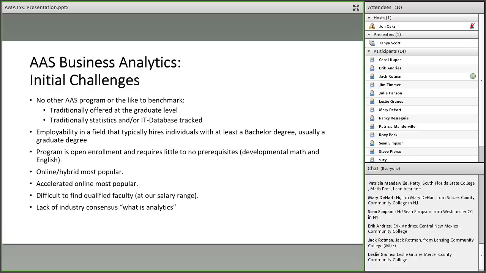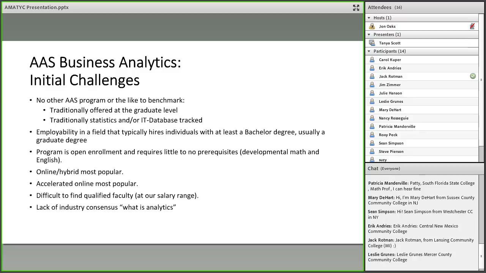And so I think that what's happening is, because we're offering this now at the undergraduate level, at the 2-year degree level, we're actually raising the bar a little bit, and the talent pool that's going to be put out into the analytics community will actually benefit, because graduate or even 4-year undergraduate programs are going to be able to grab from this newly trained analytics talent and just increase the potential for those graduate level programs. So actually, I think we're going to see some really exciting changes come down the road as analytics develops, as it still is.